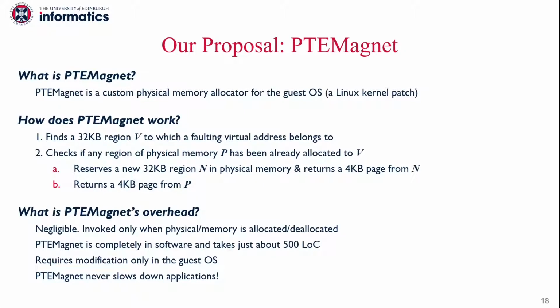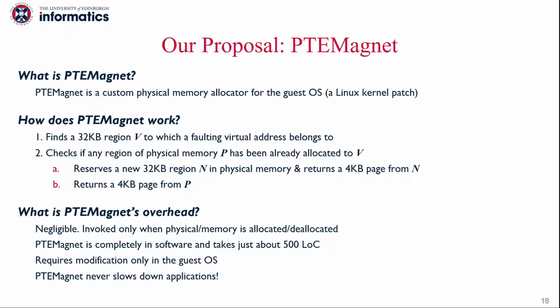Let's now discuss PTEMagnet's overhead. PTEMagnet has negligible overhead as it is invoked only when physical memory is allocated or deallocated. When invoked, PTEMagnet performs just a very quick check of whether the region has a reservation or not. PTEMagnet is a software-only technique, and our implementation takes just about 500 lines of Linux kernel code.